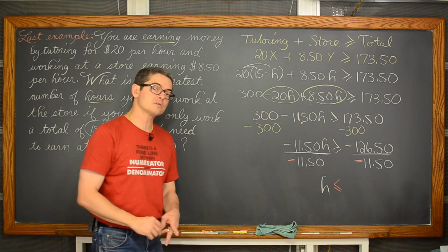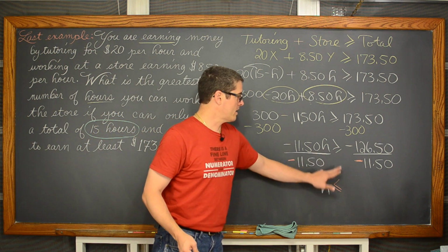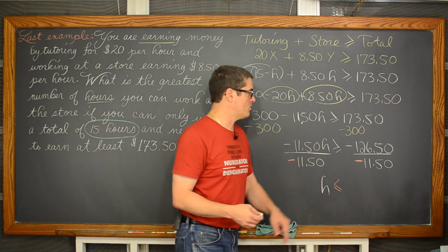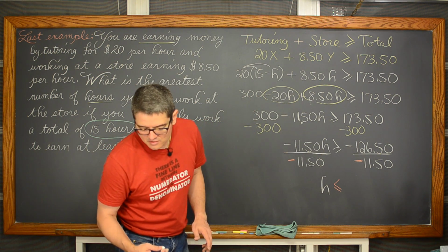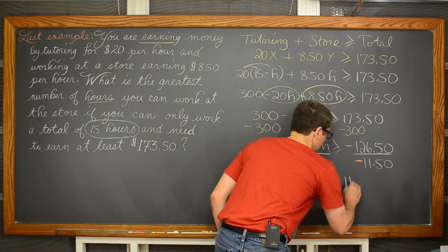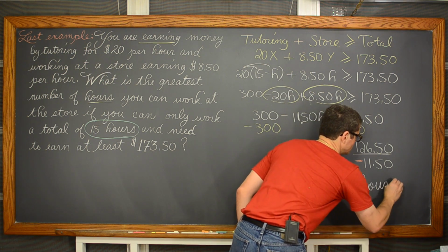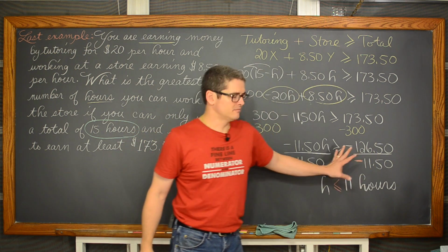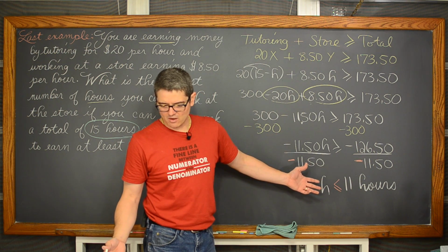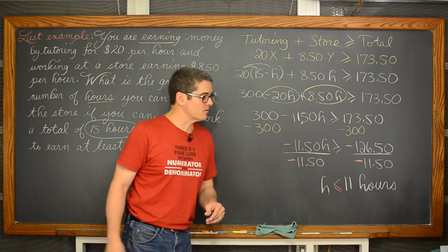So the number of hours at the store is not greater than, but must be less than or equal to, no, I can't do that in my head, 11 hours. Let's see here. Yeah, I hope I didn't round that off. And that h is less than or equal to 11 hours.